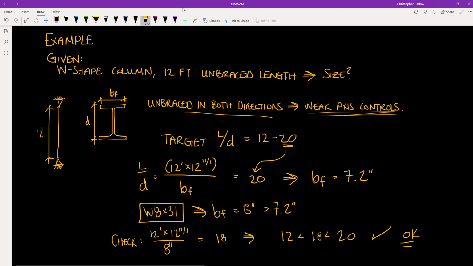And so this section that we've chosen is okay. Note that if this column has a particularly large load on it, this W8 by 31 shape may need to be bumped up further. But for more typical loads, this W8 by 31 will be okay for this 12-foot height.